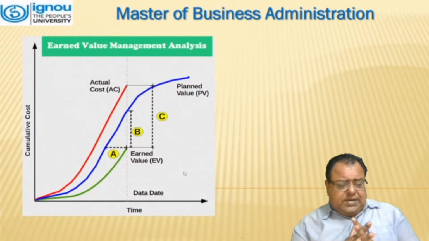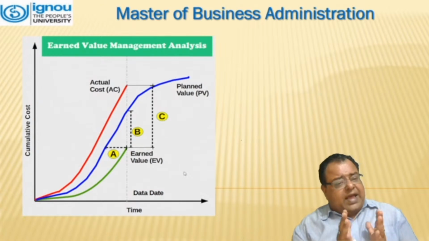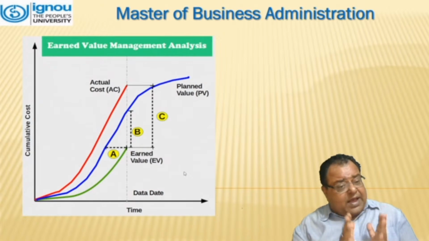From this diagram, we can see that when the diagram for cumulative cost versus time is drawn, we have three terms: the actual cost, the planned value, and the earned value. They have been depicted by three different colors. Red is for actual cost, blue is for planned value, and green is for earned value.